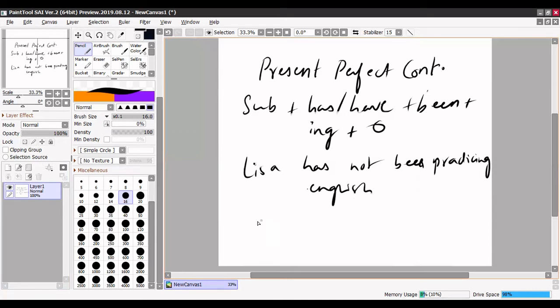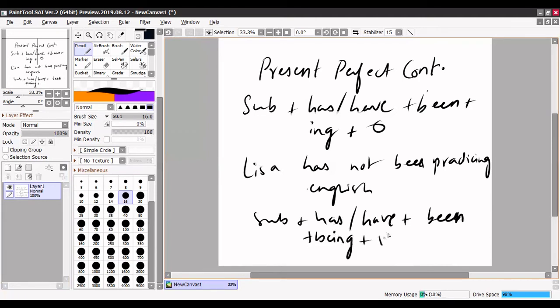It has have or has, then it has been, then it also has being, then it also has a third form of verb. So it has four verbs that you absolutely need to include in every sentence that is written in the passive form. That's why for the present perfect continuous tense, at least the passive sentences make sense.